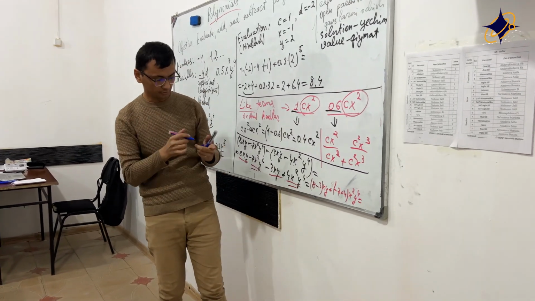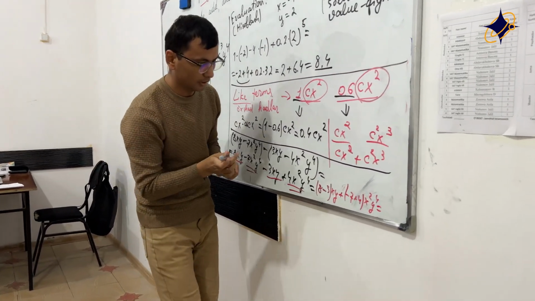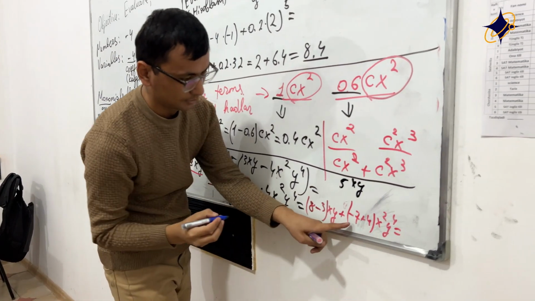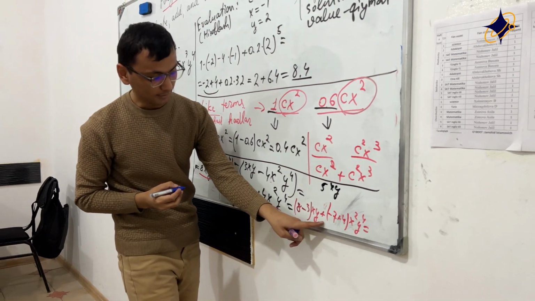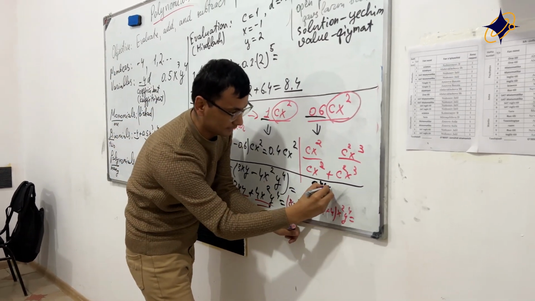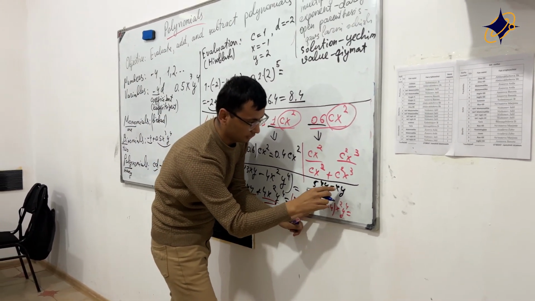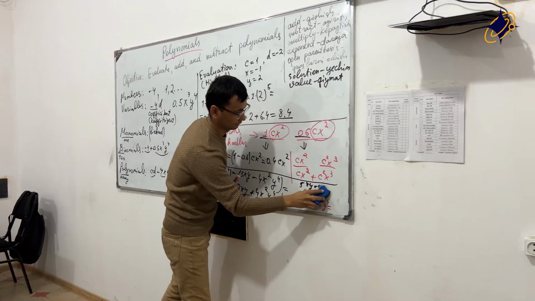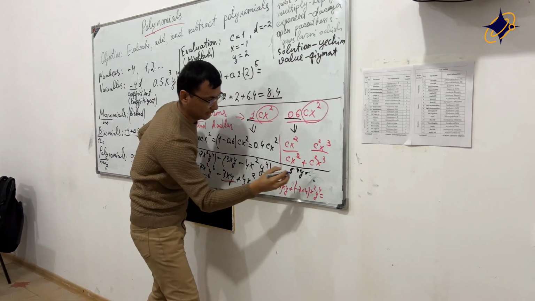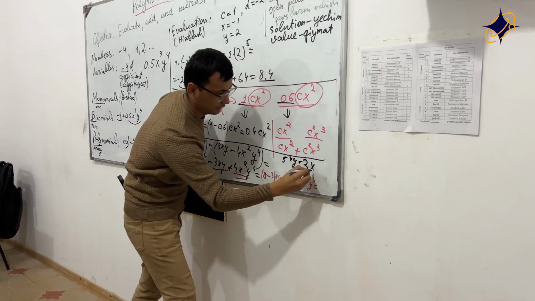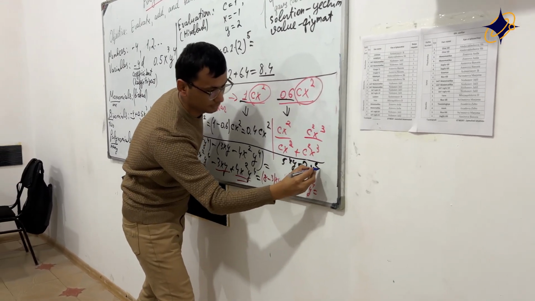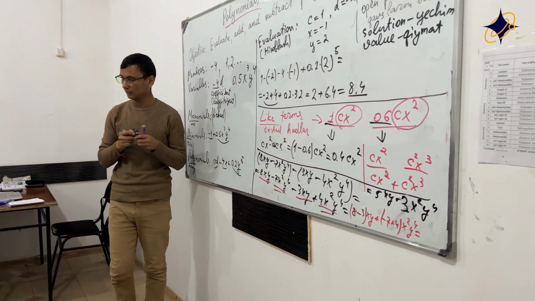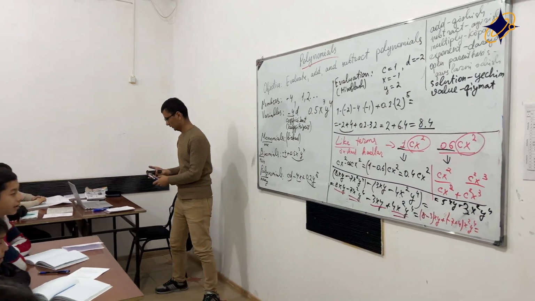And our final solution, we have 5 and minus 3, and that equals minus 3x equals 2 and 4 equals 2. Do you catch me? You understand me? Yes. Okay.